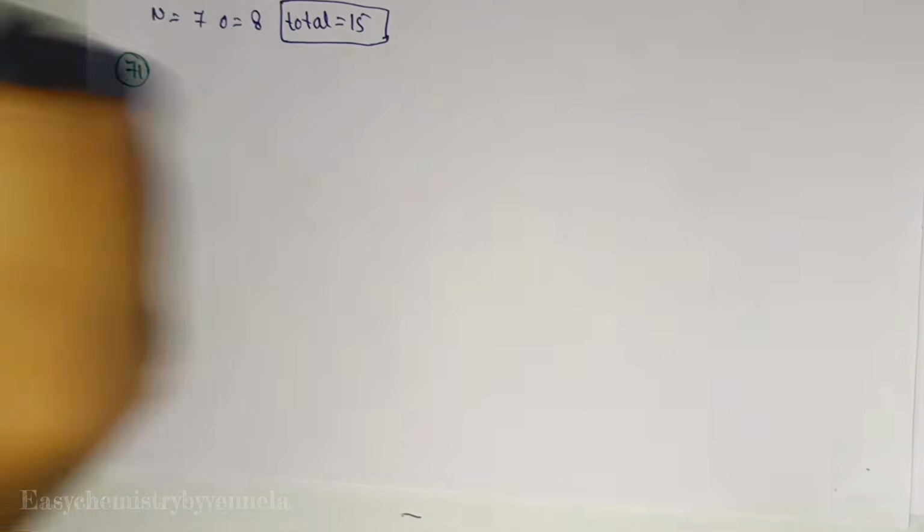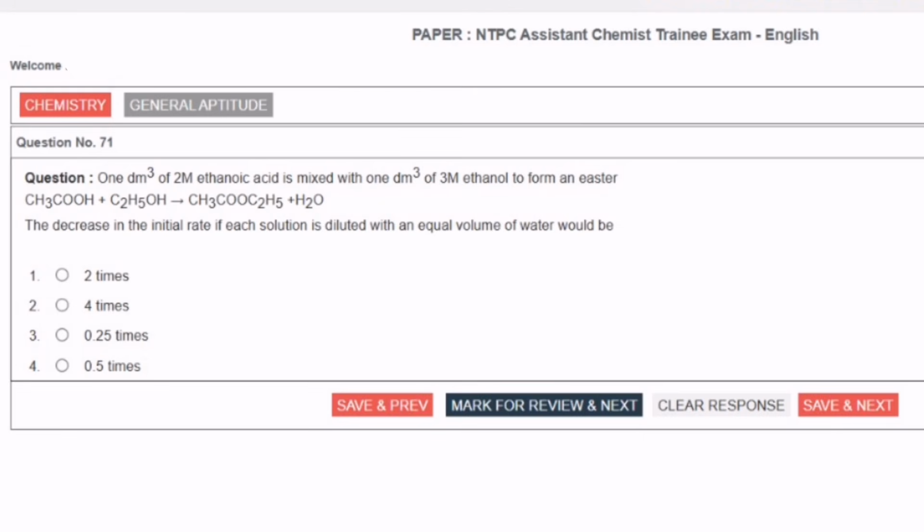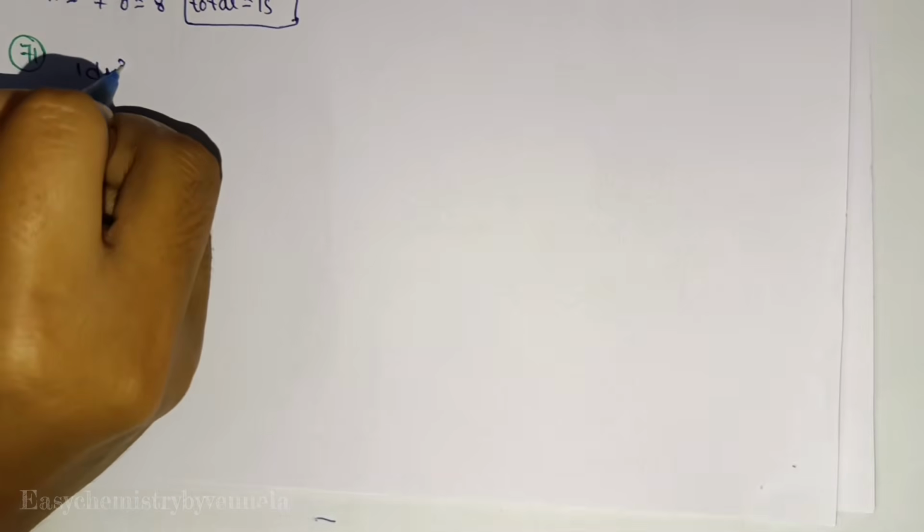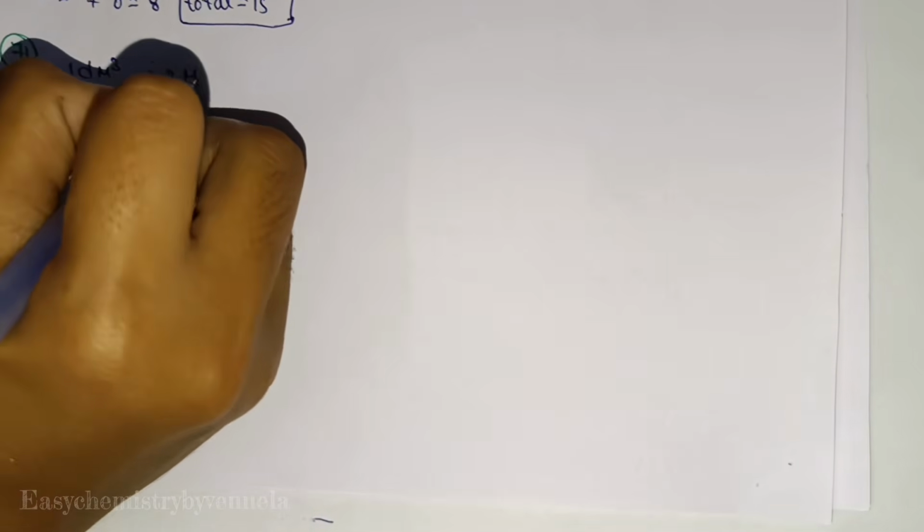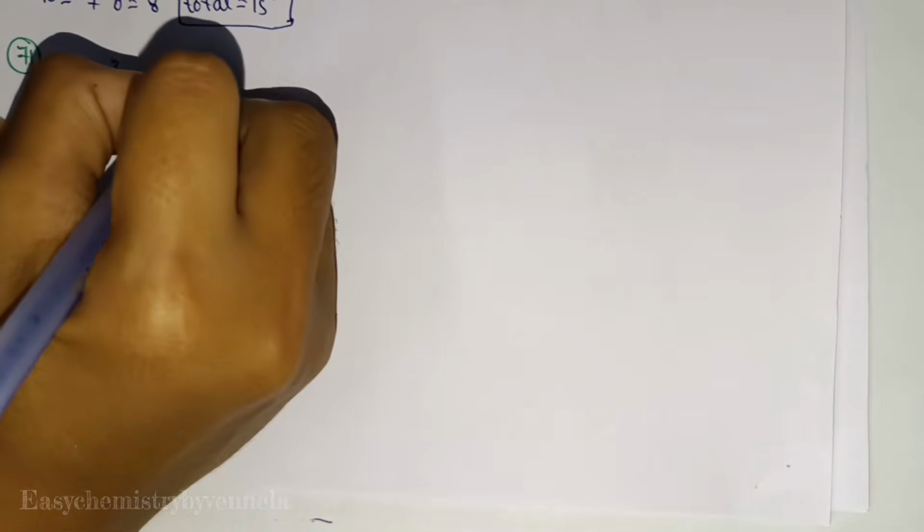Next question. 1 decimeter cube of 2M ethanoic acid is mixed with 1 decimeter cube of 3M ethanol to form an ester. So this is the reaction. The decrease in the initial rate if each solution is diluted with an equal volume of water would be. What is the given? 1 decimeter cube, 2M ethanoic acid.